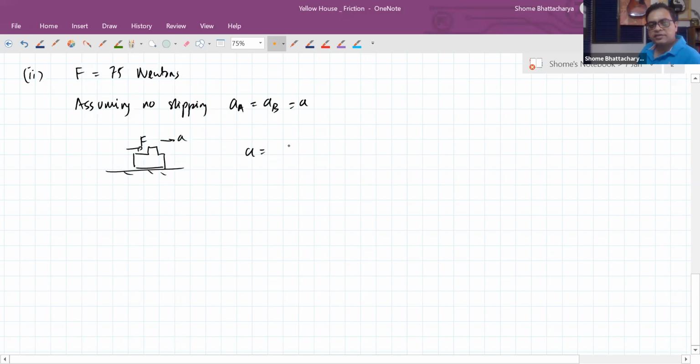You'll get this acceleration as 75 upon combined mass. Get it as 3 meters per second square.